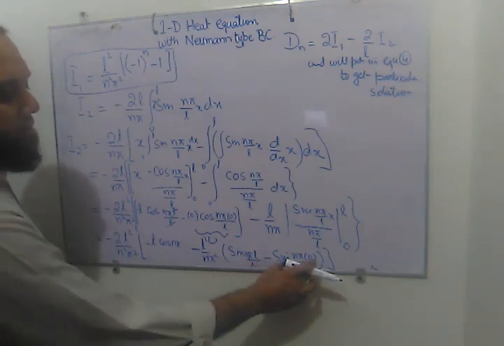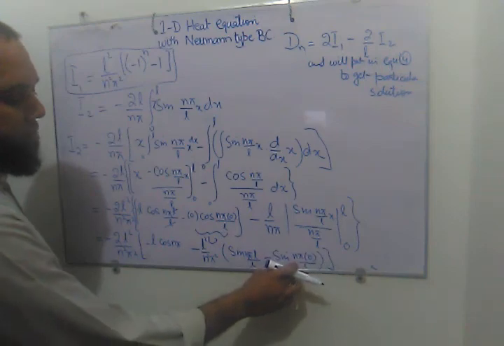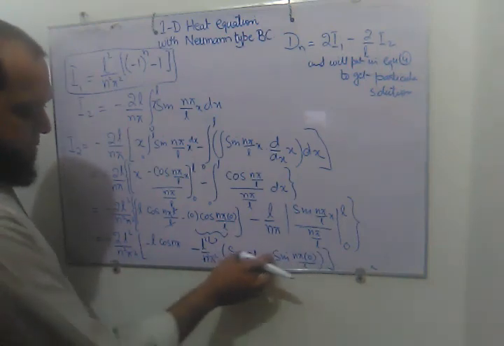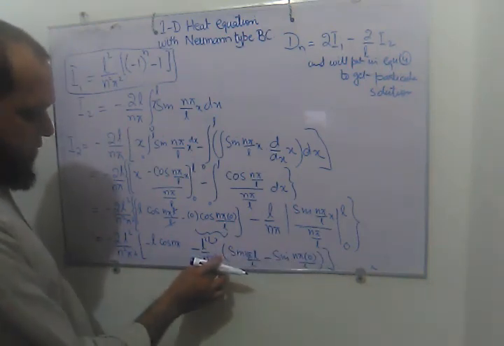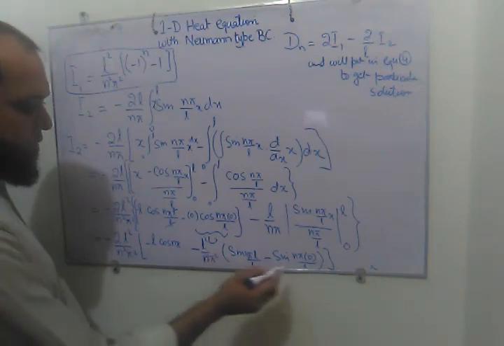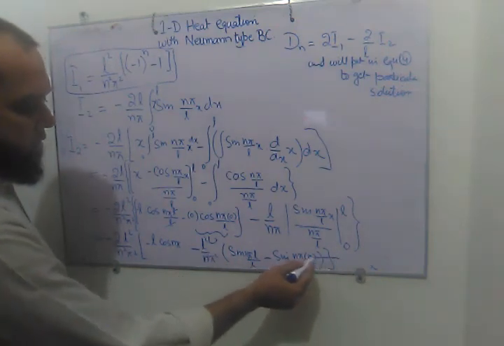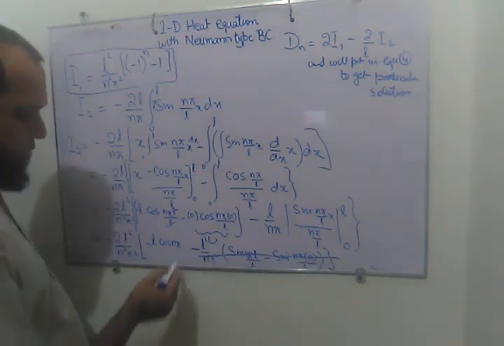The whole angle would become 0, sine 0 is 0, and this 0 multiplied by this term would be 0, which means that this whole term would vanish.